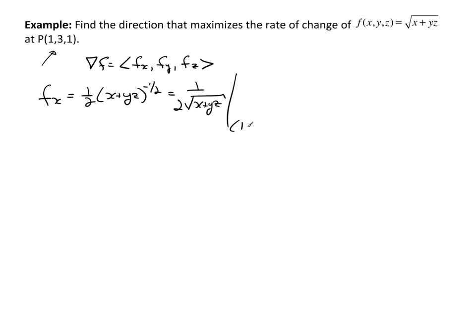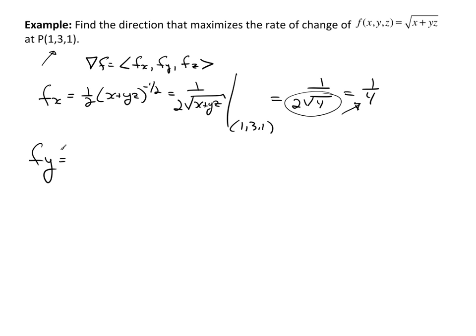So I need to evaluate this at (1, 3, 1). So this equals 1 over twice the square root of 4. So this is going to be a fourth. This 4 is going to show up in every one of these partials.